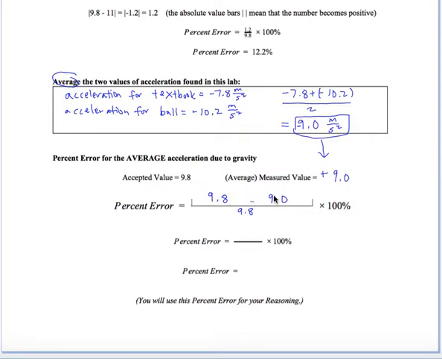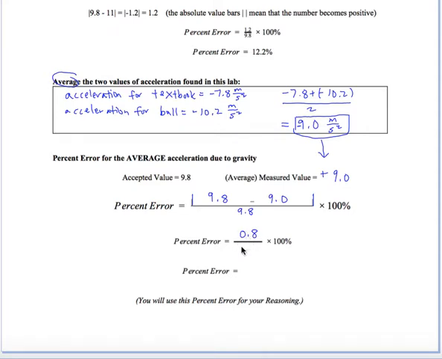So 9.8 minus 9.0 is 0.8. The bars here are absolute value bars. That means if I got a negative number, like negative 0.8, the absolute value says make it positive. So all these numbers should be positive. Whatever number you have here, just make it positive.